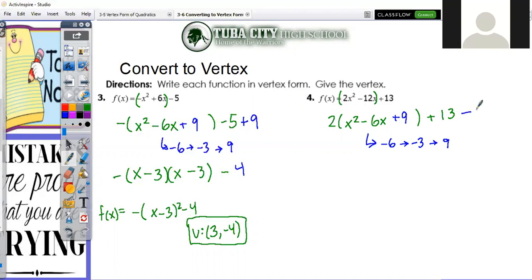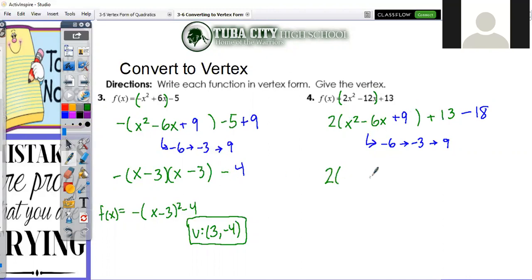You might be saying, well, let's put 9 right here, but actually that's not quite true because this is not really 9. I mean, it looks like 9, it smells like 9, it probably tastes like 9, but it's actually 18 because 2 times 9 would be 18. So again, you still have to consider this outside number.